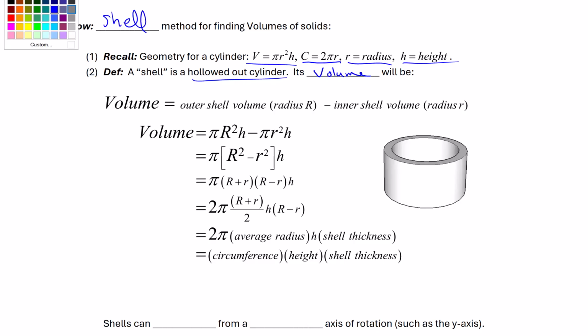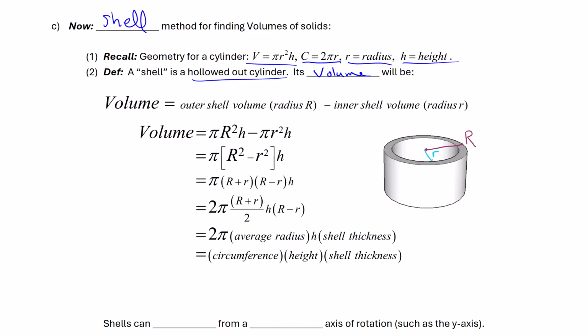As we've been doing, you can give these radii some labels. Let's do that. So if I go from the center of the hollowed out cylinder all the way to the outside of it, that would be the larger radius. We'll call that capital R. If I were to go from the center to the inner radius, we'll call that lowercase r, the smaller radius of the two here. And if we put those in place, let's do a little bit of algebra. This looks worse than it is, I promise.